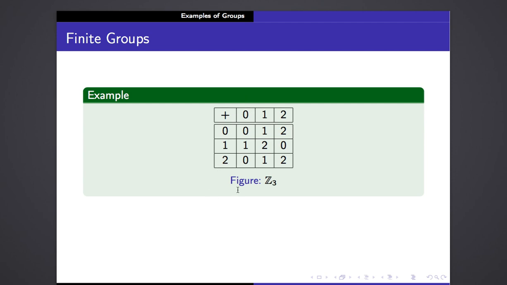2 plus 0 equals 2, right? So this has to be 2. And 2 plus 1 equals 3. When you divide 3 by 3, the remainder equals 0. So this has to be 0. And 2 plus 2 equals 4. When you divide 4 by 3, the remainder equals 1.